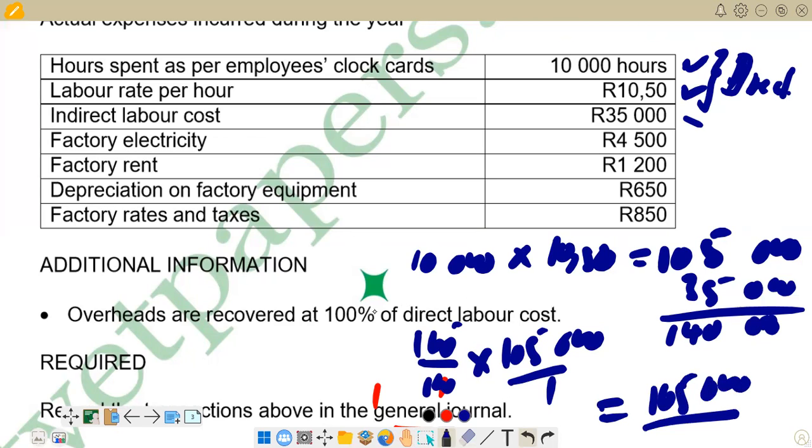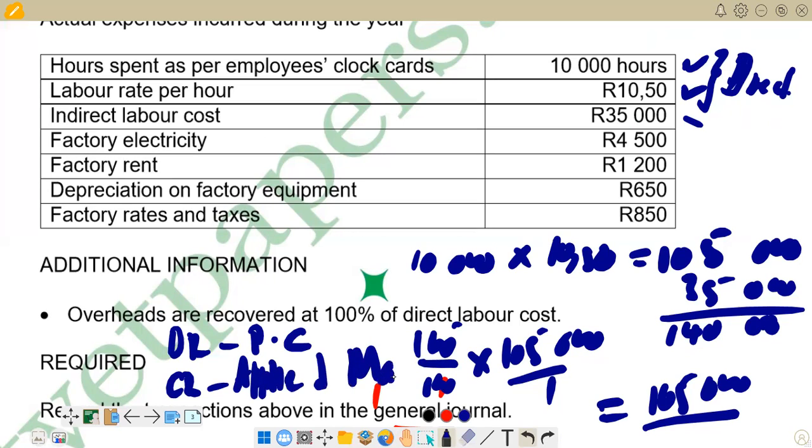So the double entry for this recovered overhead: you are supposed to debit production control, and you credit the applied manufacturing overheads. So this is the double entry.